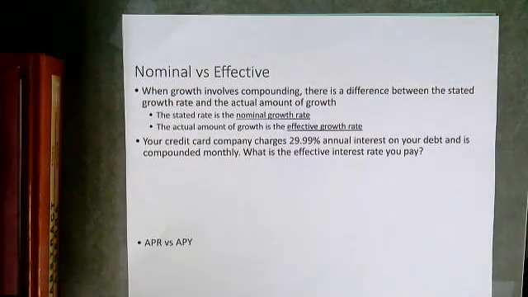So let's look at another one. A credit card company charges 29.99% annual interest on your debt and is compounded monthly. What is the effective interest rate you pay? Okay, well, let's find out what we have again.